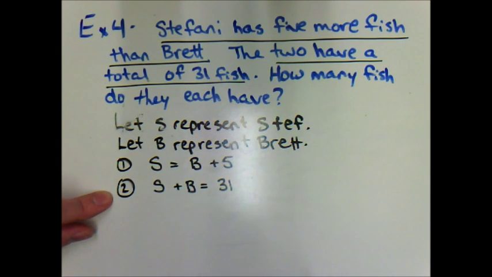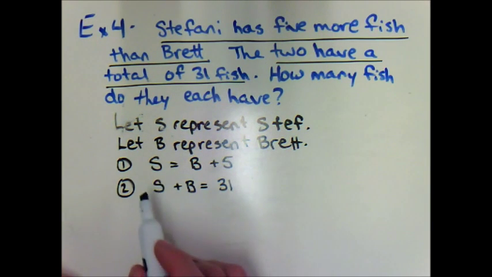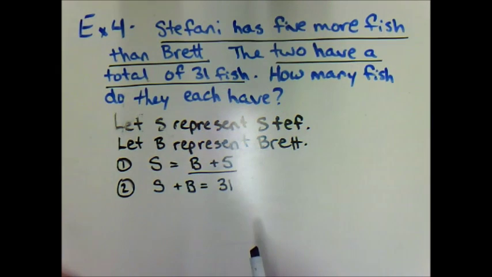Okay, so we want to use the strategy of substitution. So, Ness, what is the easiest thing I can substitute here? Yeah, I know for sure that S equals B plus 5.